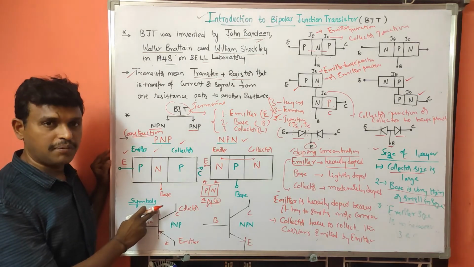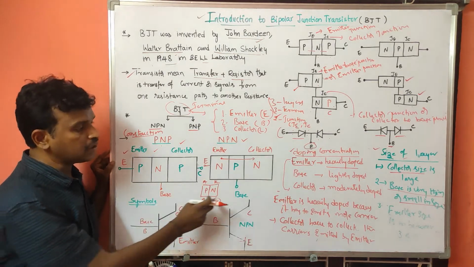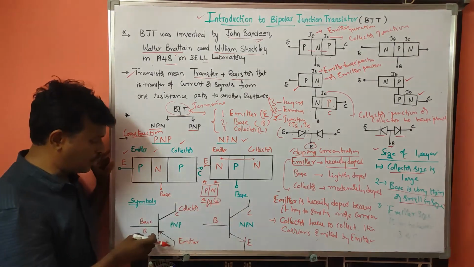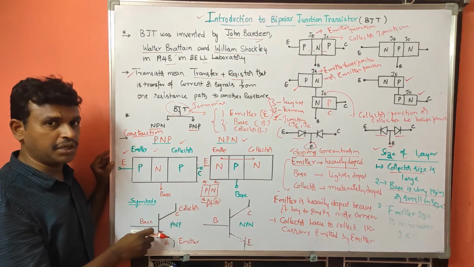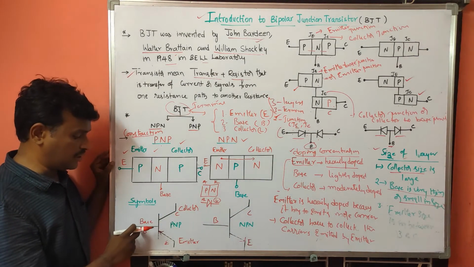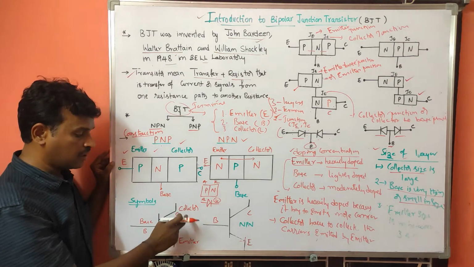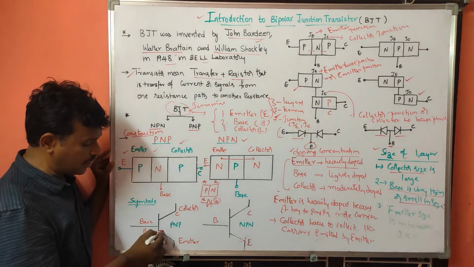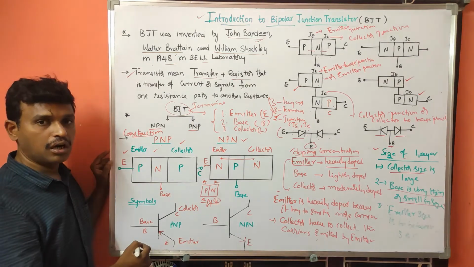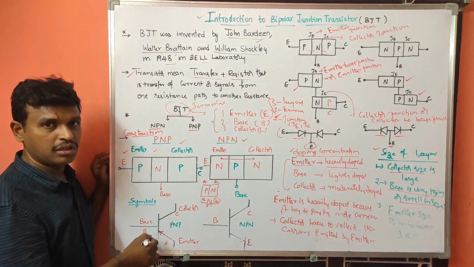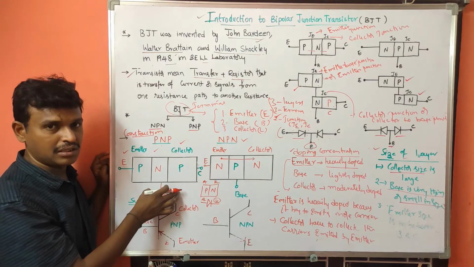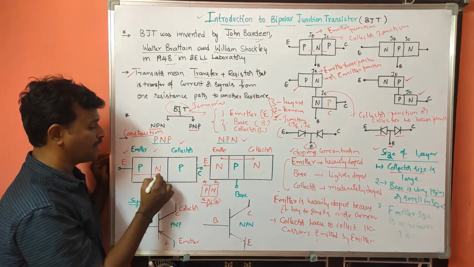Here we have the symbols of the PNP transistor and the NPN transistor. The BJT symbol consists of base, collector and emitter. The arrow mark is at the emitter, pointing inside in the PNP transistor, because the current flows into the transistor.